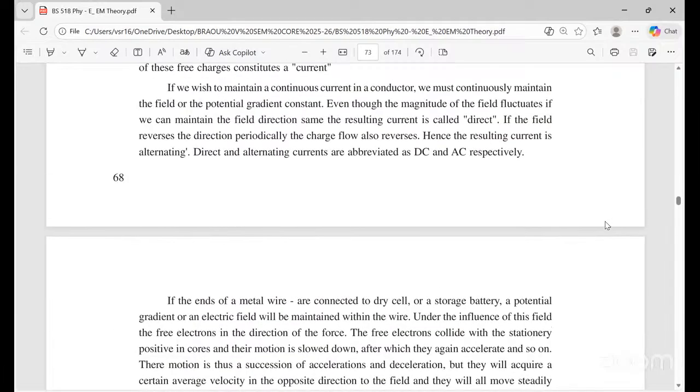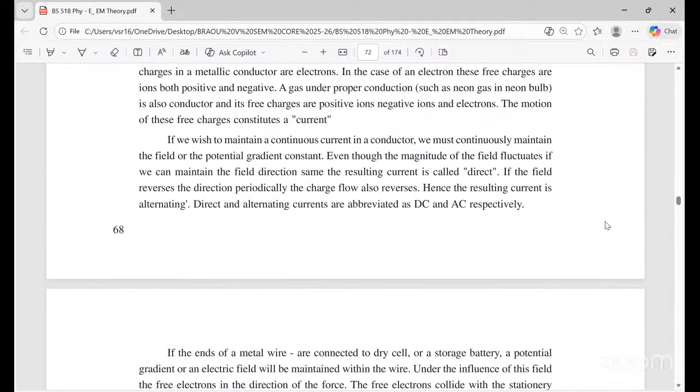And you also need to note that a current in a conductor maintains the electric field as well as the potential gradient, which is constant.